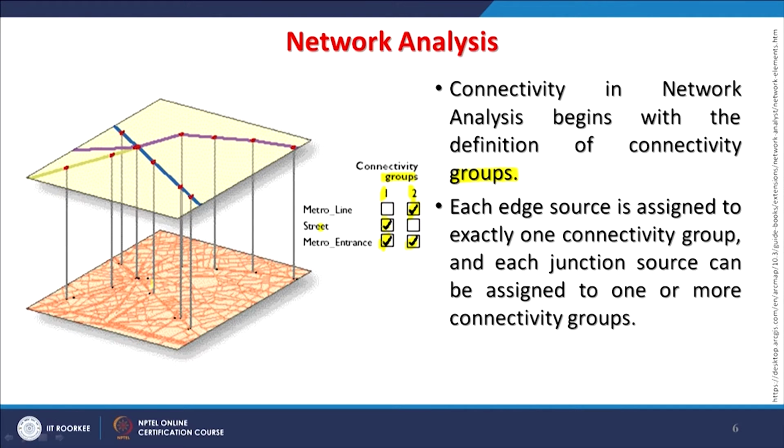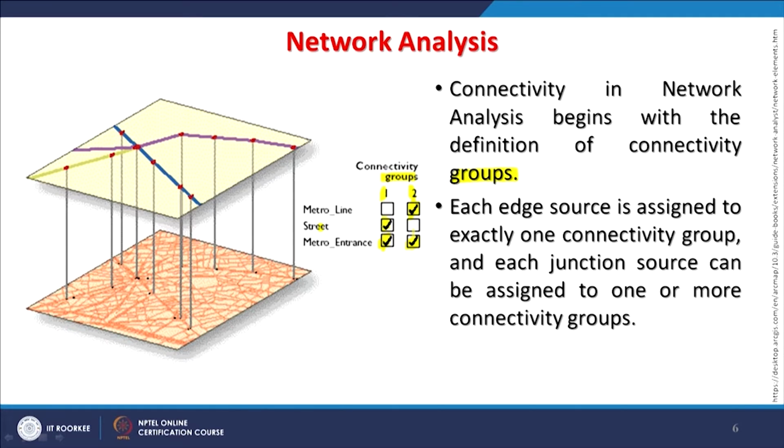So, detailed information is required before we really get accurate results. This has to be defined in the database: which network features belong to which group. There may be the same feature, like the road or this metro entrance, that is common for the metro line as well as for the street, and similarly the metro line is common for the metro and the metro entrance.